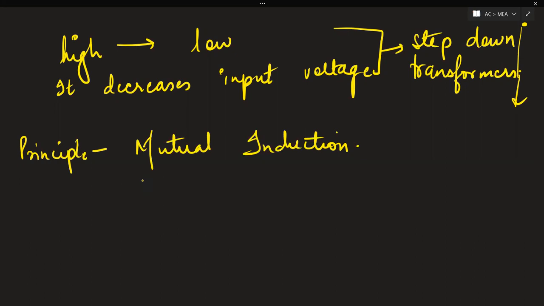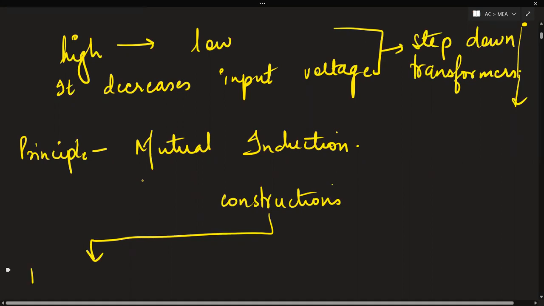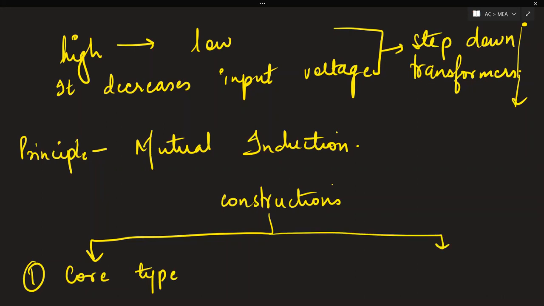Now, construction involves two types of transformers that I was mentioning to you. One is the core type. The other one is the shell type.